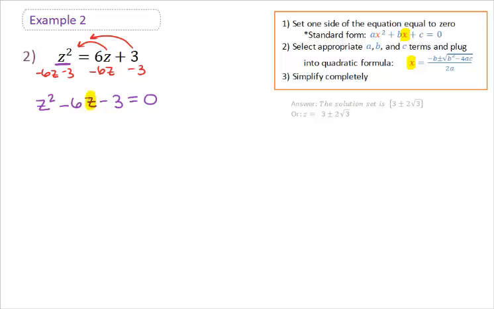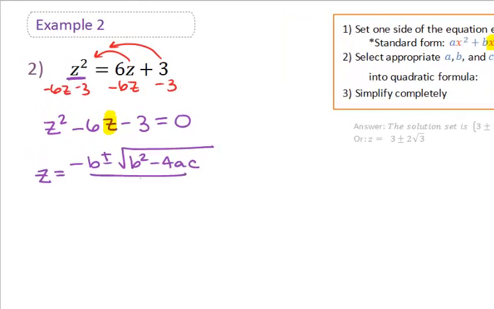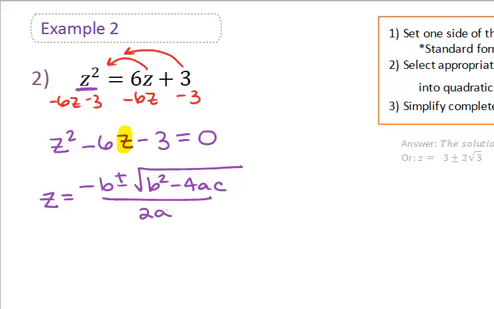So in this equation, my variable is z, so my formula starts out as z equals. Now I'm just going to write down that formula and sing it, because the more that you do it, the more natural it becomes to you. Z equals negative b plus or minus square root b squared minus 4ac all over 2a.